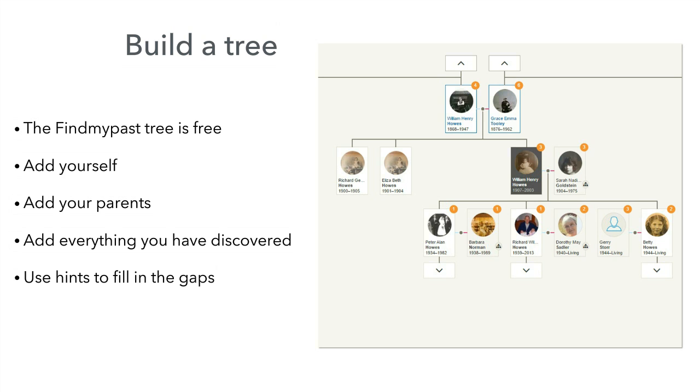These are called hints, and this is where we're hinting against some of our records. It's saying you've added this person and we think we've found them in our records. Alex is going to discuss tree in a little more detail later on, so I won't say too much there.